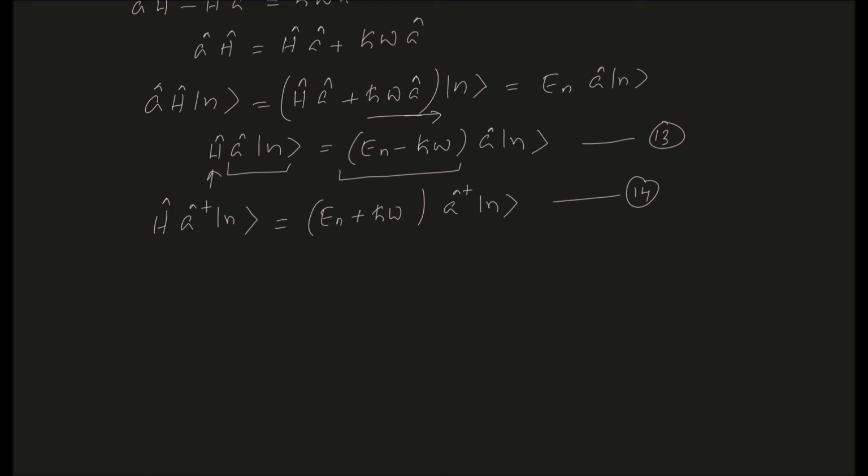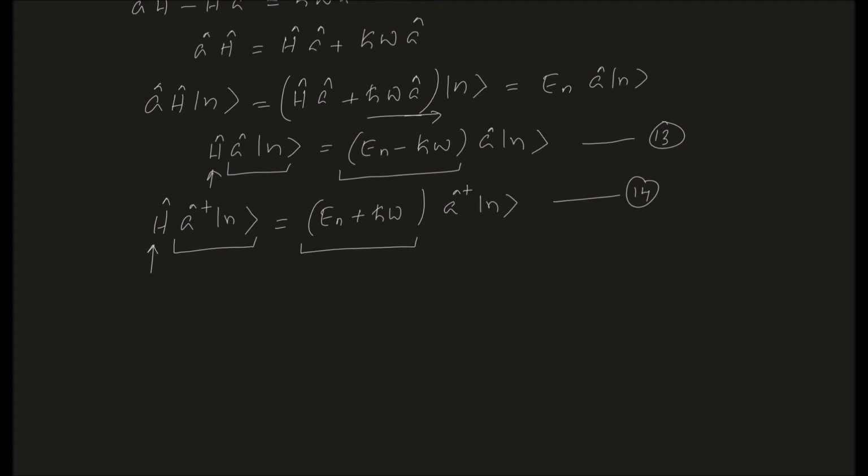So the same way like what we did for equation 13, we can prove this same kind of relation for the a dagger operator. If you do it, then you get H a dagger |n> is given by En plus h cross omega, a dagger |n>. So what does that mean? It tells you that a dagger |n> is also an eigenstate of this Hamiltonian H with an eigenvalue given by En plus h cross omega.